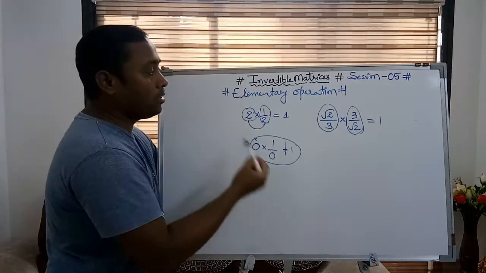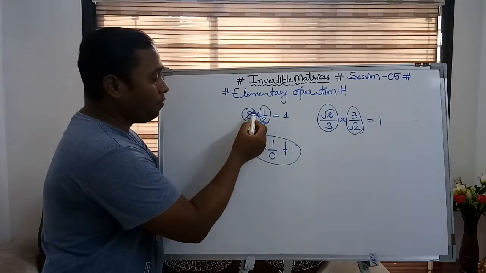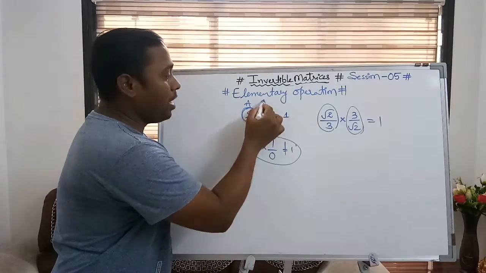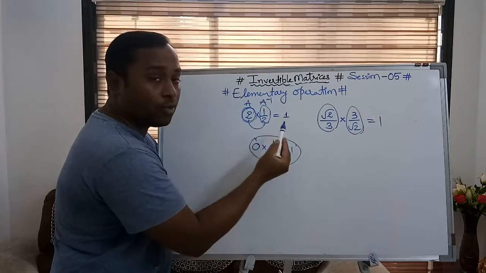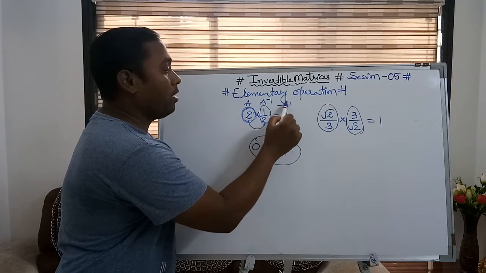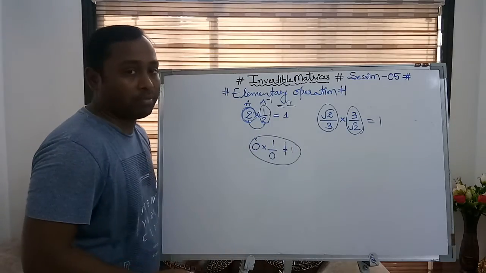Now let's see this concept through matrix language. If one square matrix A is given to you, we are going to find its inverse such that A into A inverse will give the identity matrix. This is our concept behind this method.